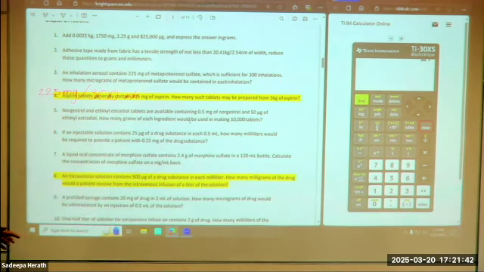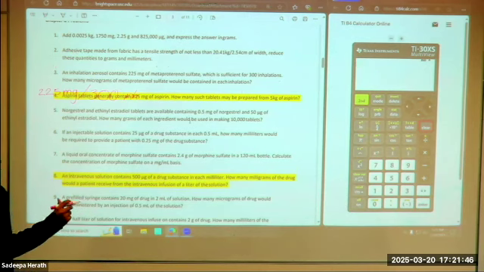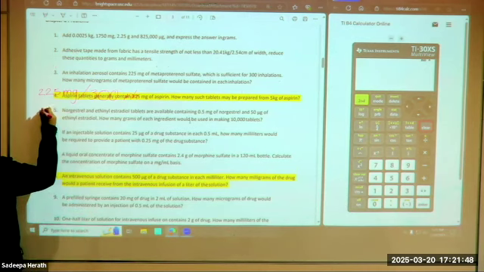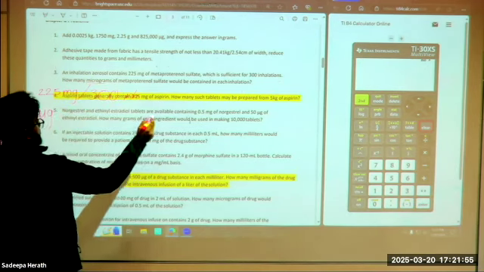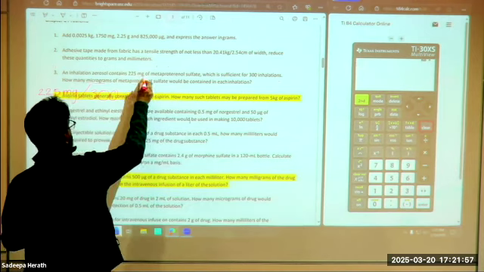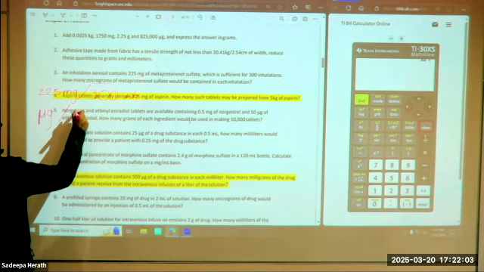They're asking for micrograms. Notice how the units are different here. And that's what we want to make sure we're extracting, right? Per inhalation.